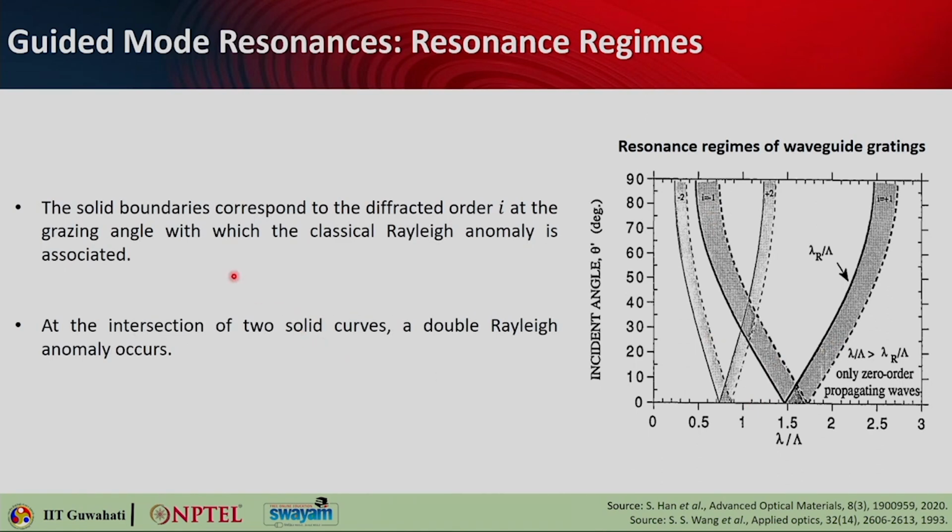The solid boundaries correspond to the diffracted order I at the glazing angle, at which the classic Rayleigh anomaly is associated. We will see what that Rayleigh anomaly is in the next slides. One important thing to note is that at the intersection of the two solid curves, a double Rayleigh anomaly takes place.